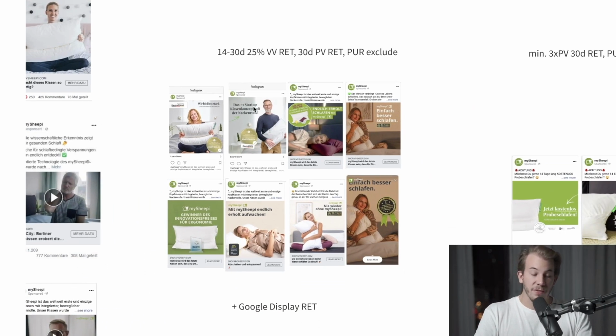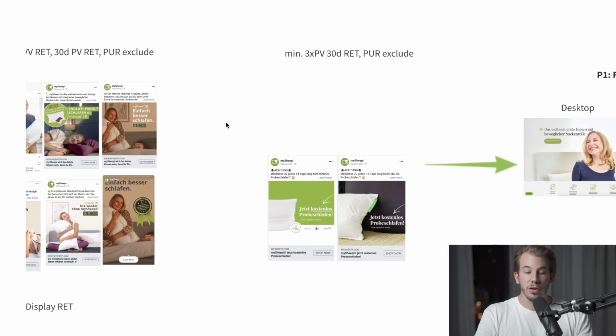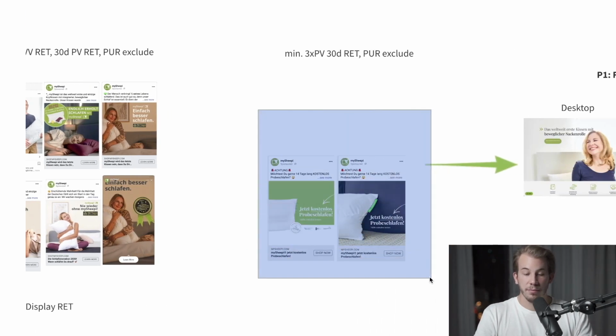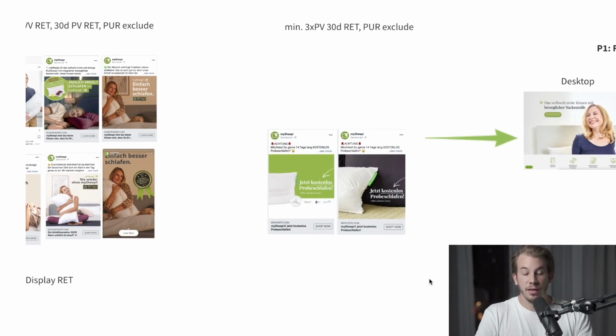Whenever you have an audience that has seen a lot of your marketing but still haven't bought, you can follow it up with more pressure, more strong call to action retargeting, or a special campaign that creates more scarcity.